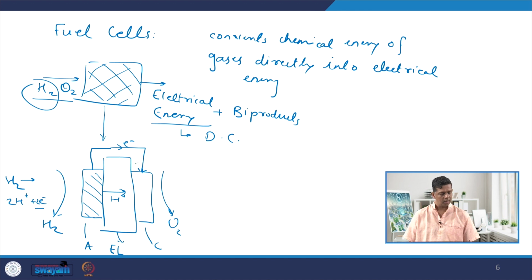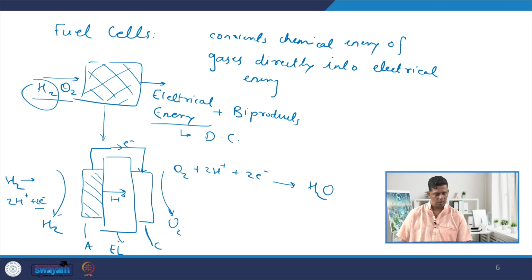And on the cathode, since this electrode is receiving the electrons, there is a reduction taking place, and that is why it is called the cathode, where the oxygen combines with these protons and electrons to form the product water. Let me balance this up, half mole of oxygen.